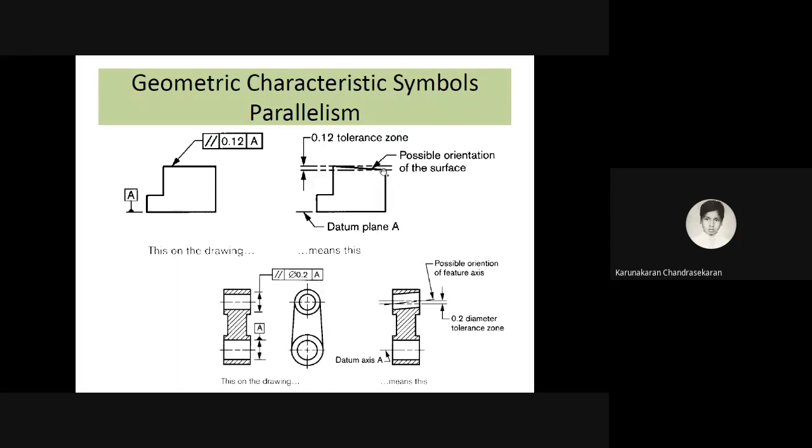So within this much variation you can accommodate the component. That is the greatness in this. Even for the top surface, you are allowing some sort of possible orientation deviations.